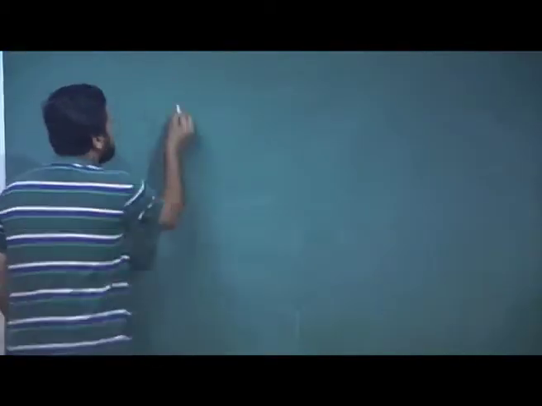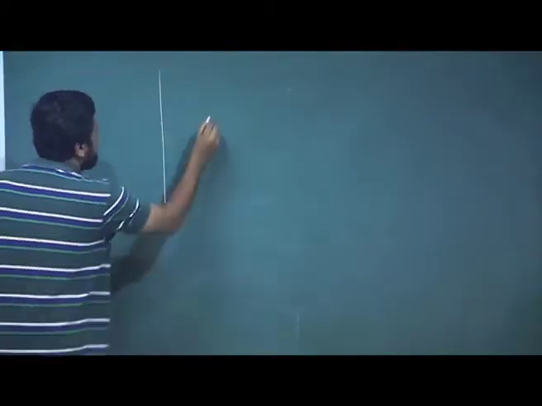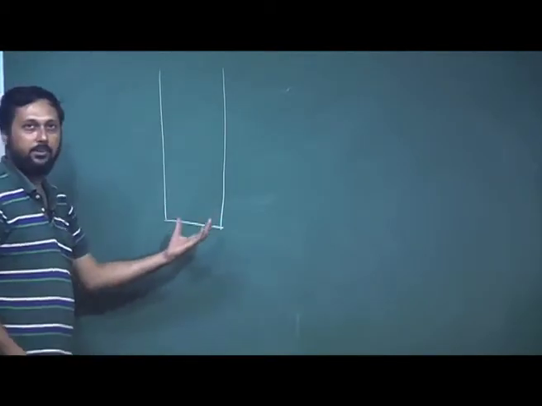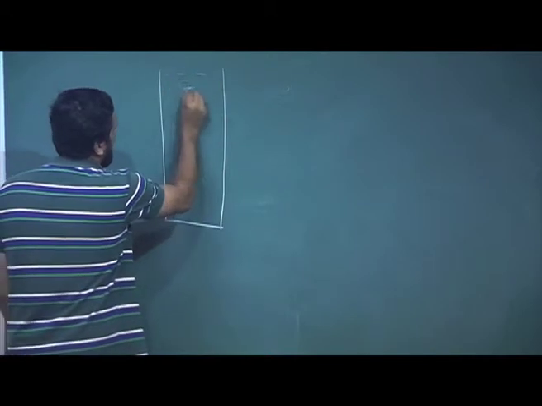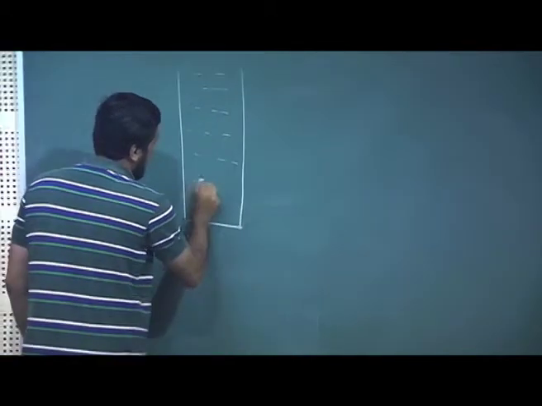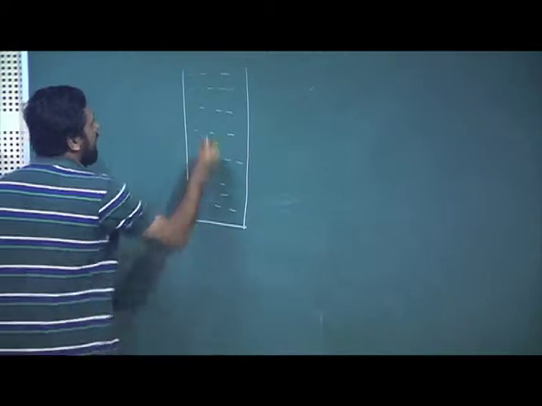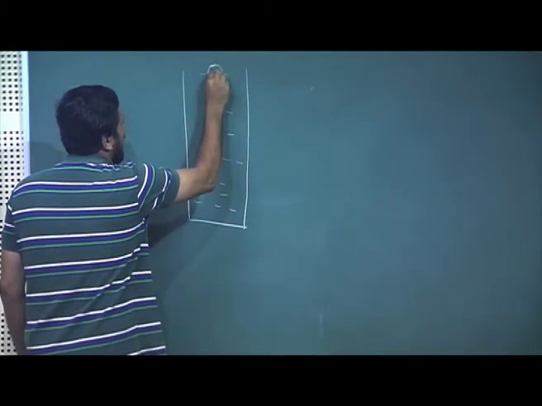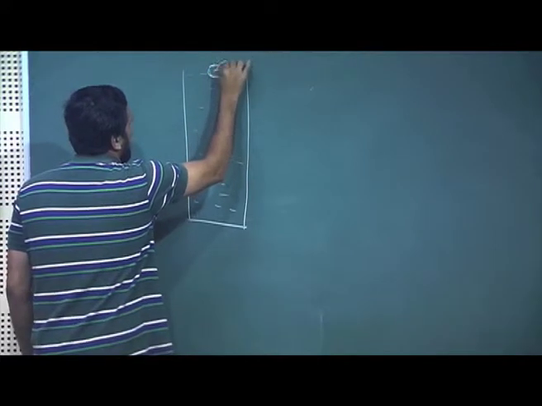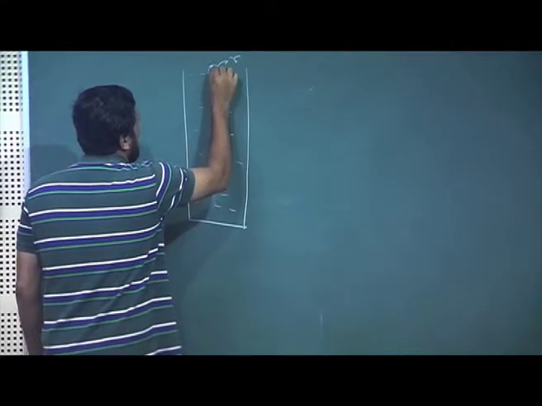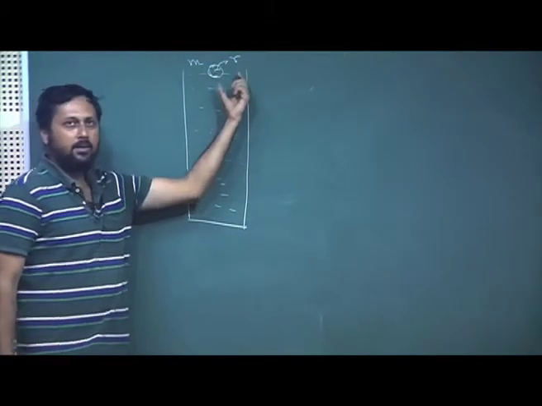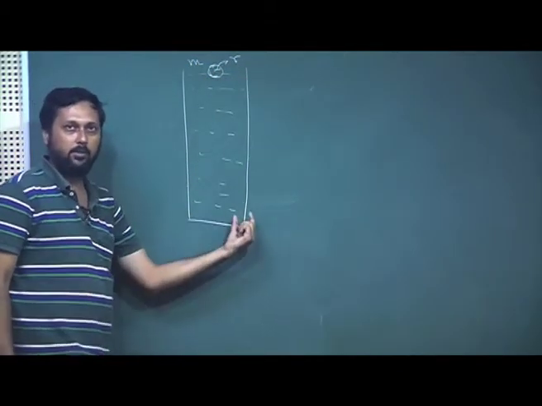Let us assume there is a column of viscous liquid. We drop a small metallic sphere of mass m and radius r in this column of liquid.